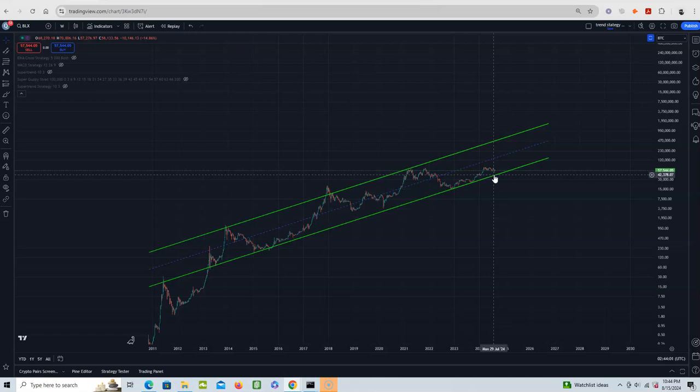So what that means is that Bitcoin, in a macro sense, is, as obvious as it seems, still in an uptrend. I'm going out on a limb and saying, if we do have a drop, we won't go below this trend line.